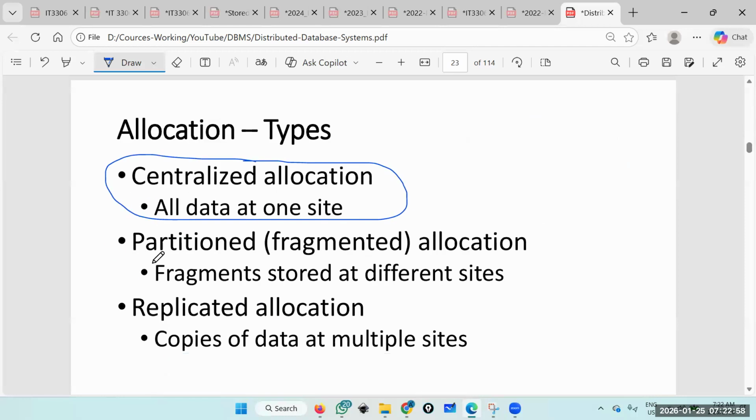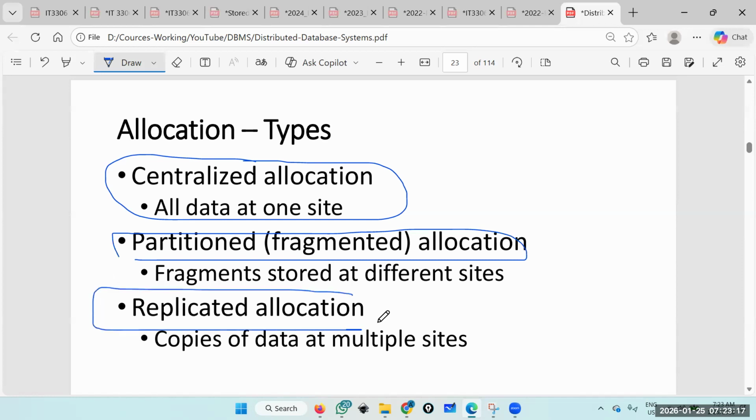Then you can have partition allocation, which means you partition your data into separate sites. Some data inside X, some data inside Y, some other data inside Z. At the same time, you can have replication, which means some data is common in multiple sites.